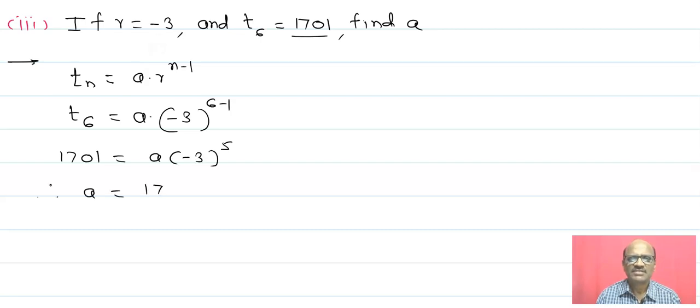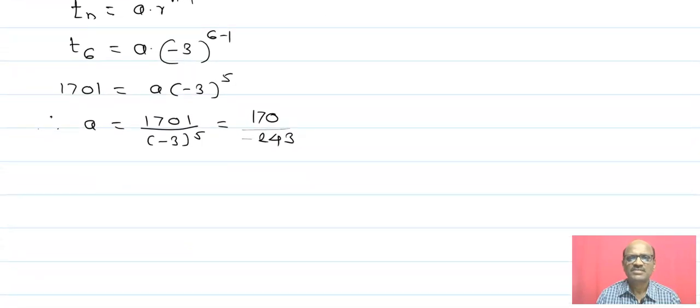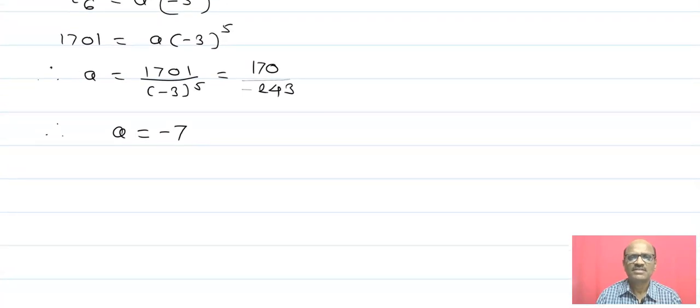Therefore 1701 is equal to a in brackets minus 3 raised to 5. Therefore a is equal to 1701 upon minus 3 raised to 5. And that comes a is equal to minus 7. I forgot to write it, that is 1701, it must be there.